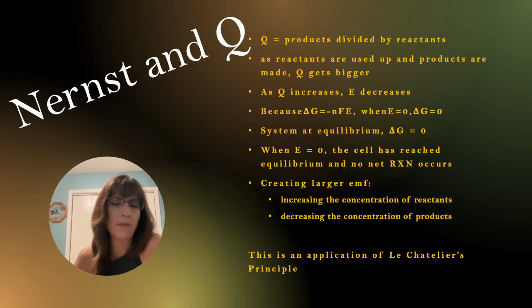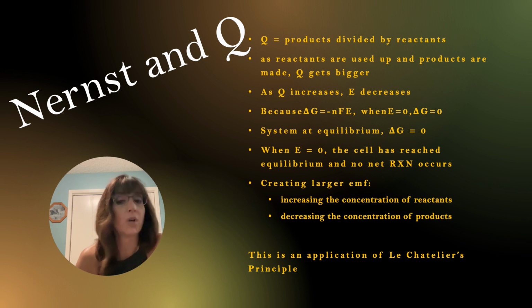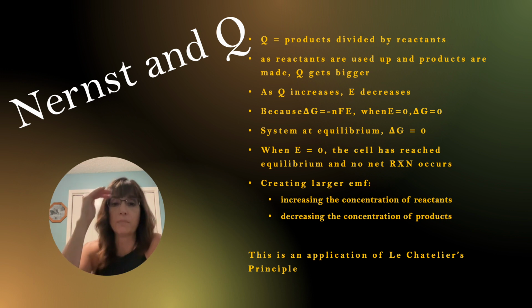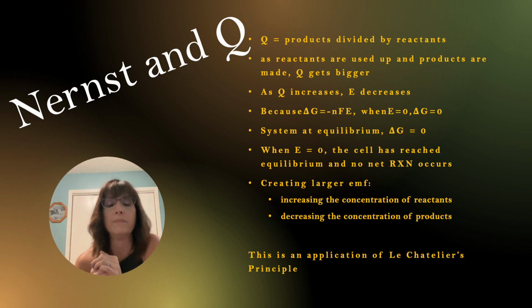I was actually going to end there, but I think I want to talk a little bit more about the Nernst equation and Q. Remember that Q is products divided by reactants. And as those reactants get used up and the products are made, Q gets bigger. Remember, products over reactants. This is getting bigger, this is getting smaller. Your whole answer is bigger.